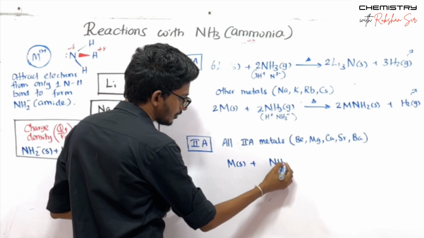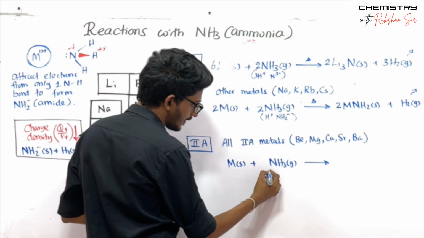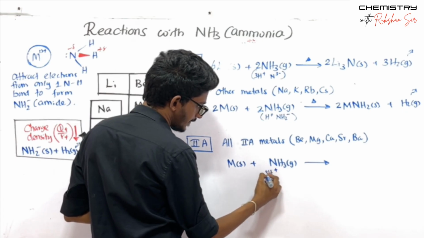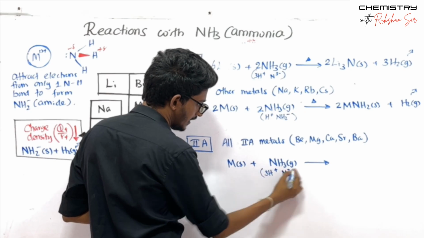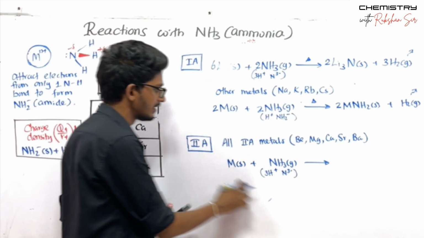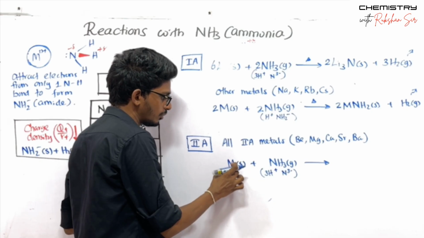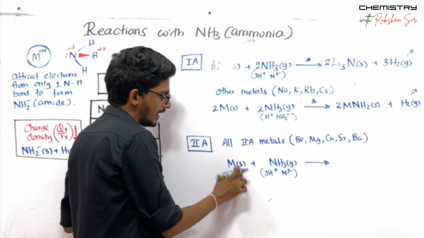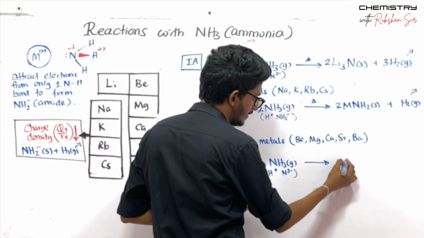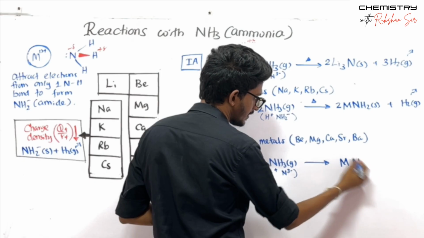It will react with NH3 gas. So we can break this one as H plus and N3 minus. We are dealing with cations with high charge density, so cations with high charge density prefer the anions with high charge density. So M will oxidize to M2 plus as it's a group 2 metal and connect with the anion here. So M2 plus and N3 minus come together.